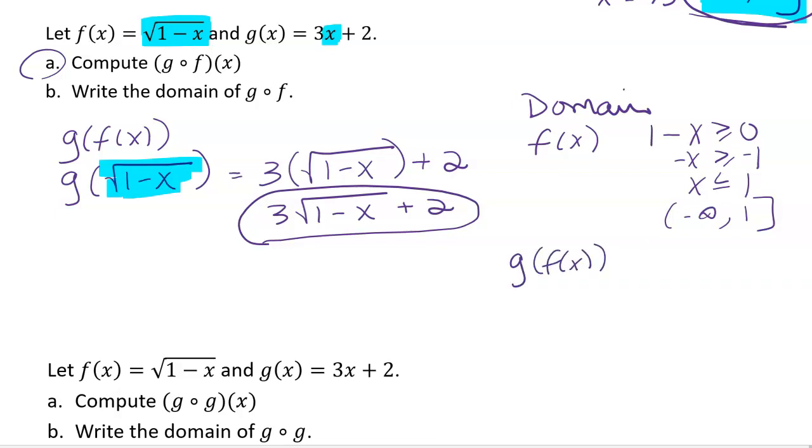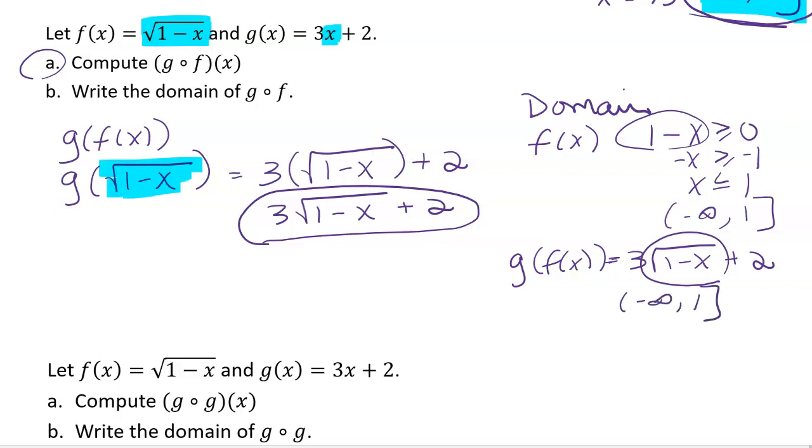And the result I got there is the 3 square root of 1 minus x plus 2. And in this case, we would still just think about the square root here, which is the same process we used here, and we're going to get the same resulting domain. So since these exactly matched up with each other, that's obviously going to be my final domain, which is the answer to part B.